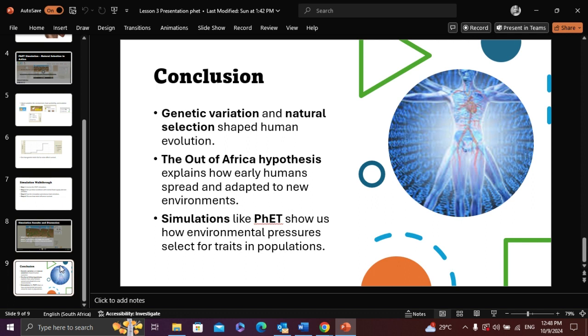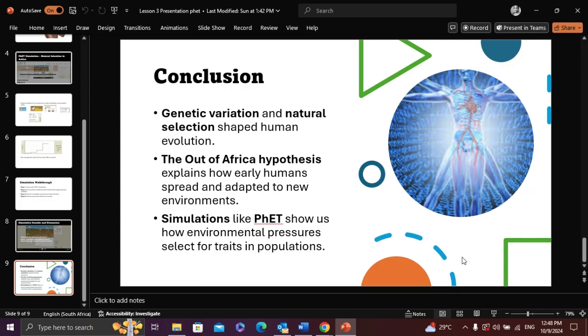Simulations like the ones we use today help us visualize how these forces work in nature. Through this lesson, we have explored how natural selection influences human evolution by using the PhET simulation to visualize the process.